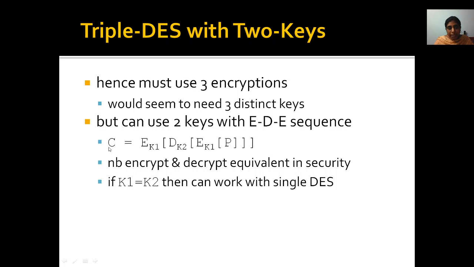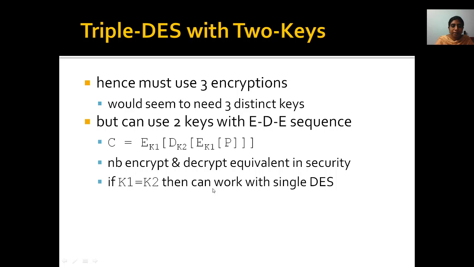To get the plain text, you apply to the ciphertext the decryption with K1, then encryption with K2, and decryption with K1. If K1 is equal to K2, then this becomes similar to single DES.